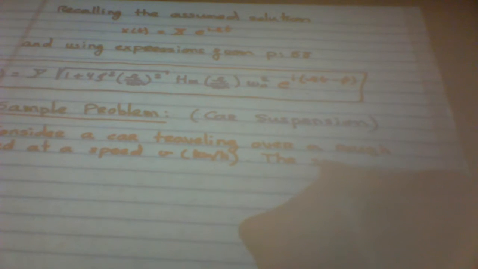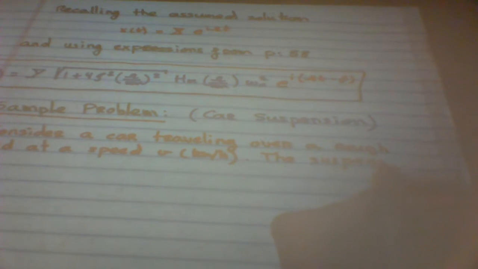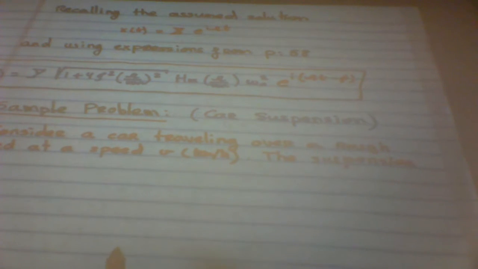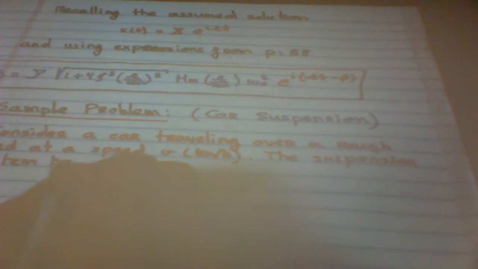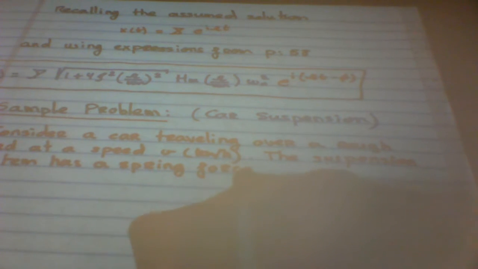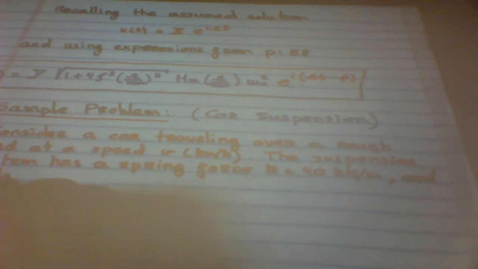All right, the suspension system has a spring force K equal to 40 kilonewtons per meter, and a damping C equal to 0.1.